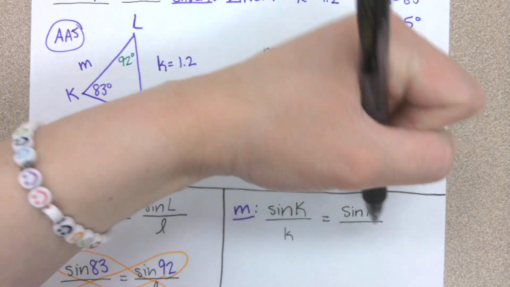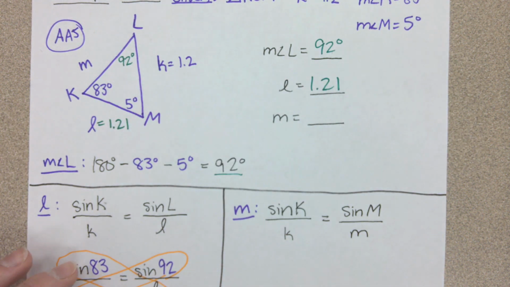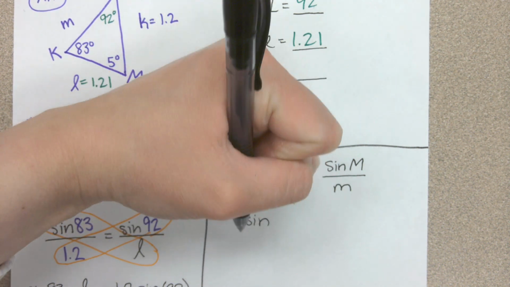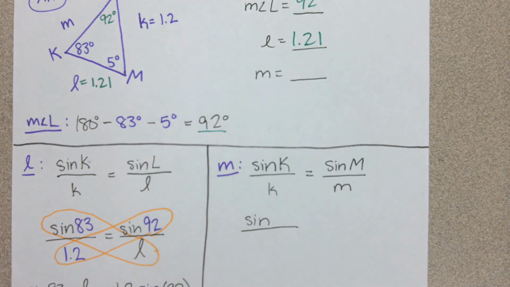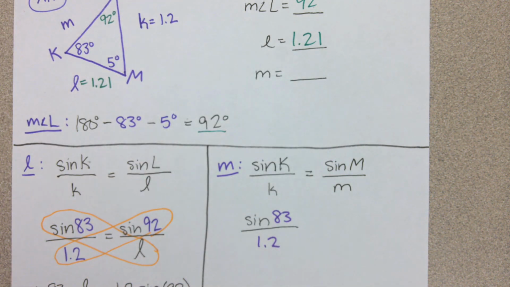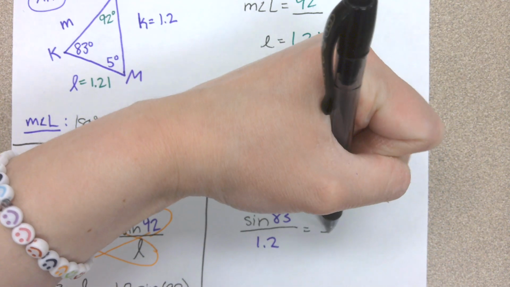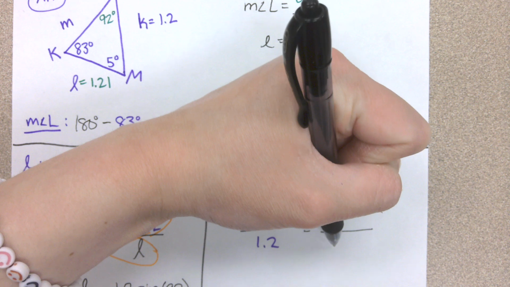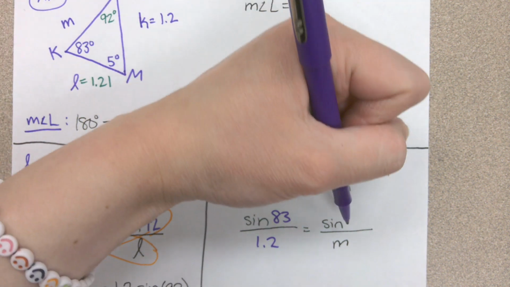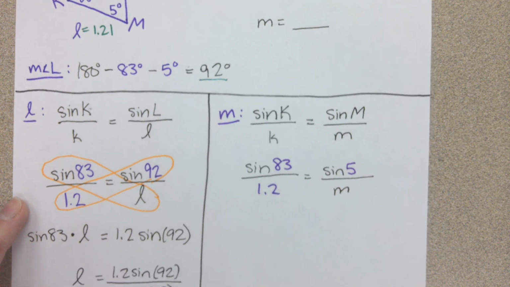Sine of capital M over lowercase m. Sine of 83 over 1.2 equals sine of our capital M, which is 5, sine of 5 over m.